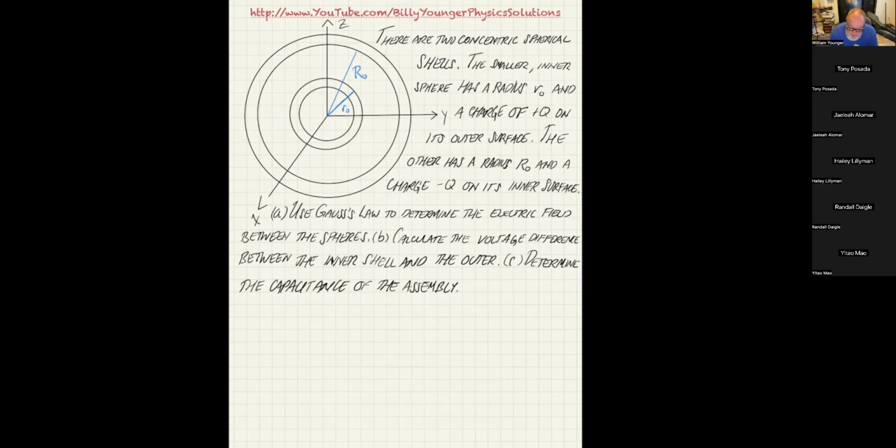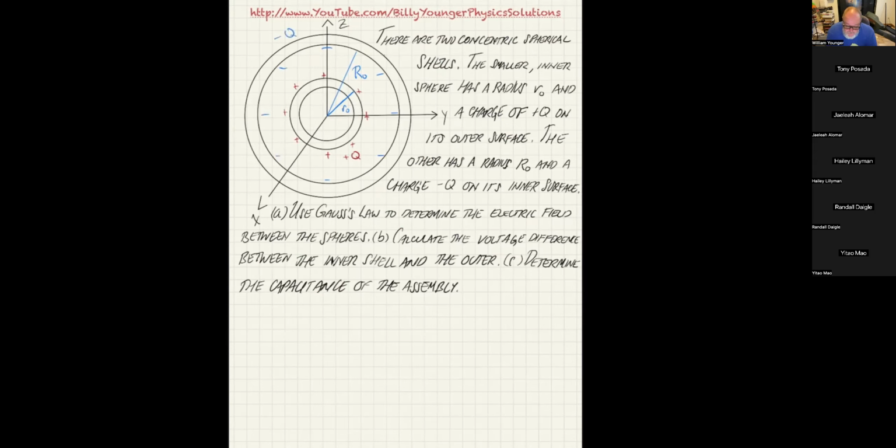And what we're imagining, in fact, is that the inner shell has positive charge uniformly distributed over it like this, and the total charge amount is plus Q. And then the inner surface of the outer shell has negative charges uniformly distributed throughout like this, and the net charge there is negative Q.